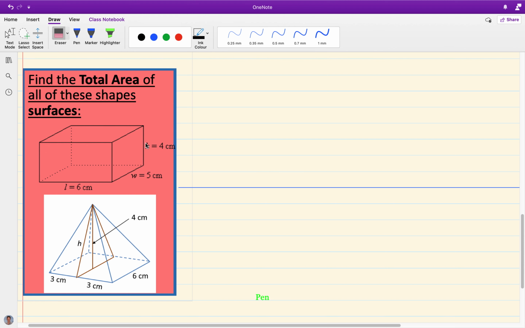We're going to split them up into a few different rectangles.